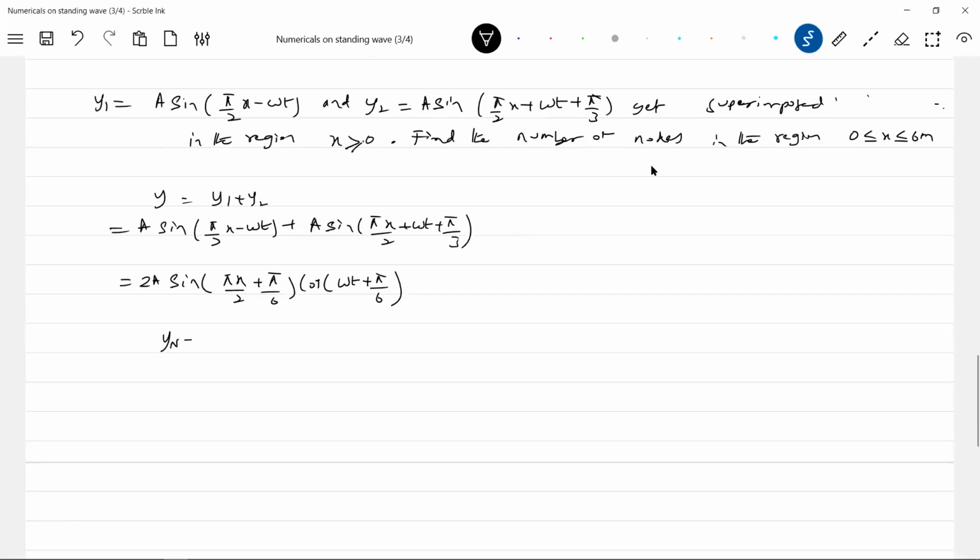So we have to locate the position of nodes. So what are the nodes? The nodes are the points which will have zero displacement. For that, pi x by 2 plus pi by 6 should be equal to n pi. So x by 2 plus 1 by 6 equal to n, where n is equal to 1, 2, 3, 4.